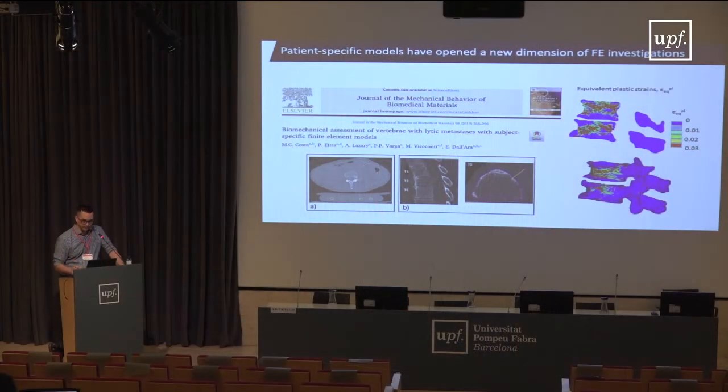So in this project, with the laboratory of the Sheffield University, we analyzed the association between the metastatic vertebral body and the risk of fracture, and the changes of the material properties of the vertebral body, the changes of the biomechanical properties.